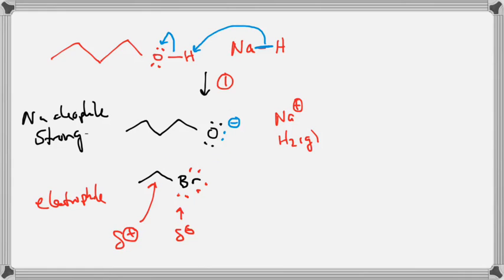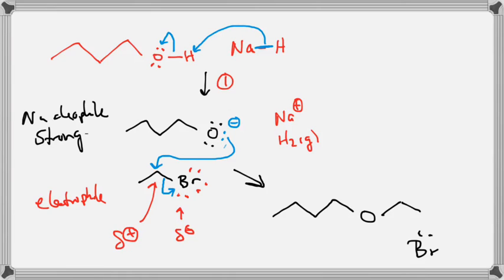I should do that in blue because I've been showing those other arrows. They can attack the carbon, sharing the electrons with the carbon, make it a little bit happier, and then we'd have to break the bond between our carbon and bromine, and what we end up with as a final result is oxygen, and then our bromine. There are our lone pairs on our oxygen, and if we want to get extra fancy, there's our new bond.